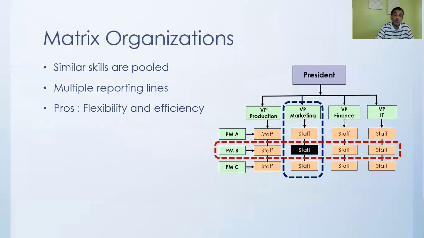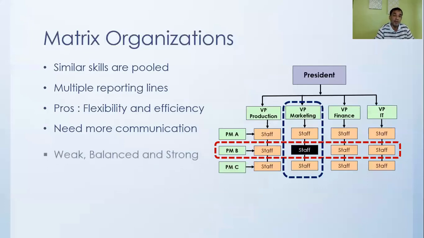So because we are dynamically pulling resources in this type of organization, the matrix organization. Having said that, the communication becomes a little more tricky because there is more communication that is required. Across different lines, you have to keep communication flowing in this type of organization.